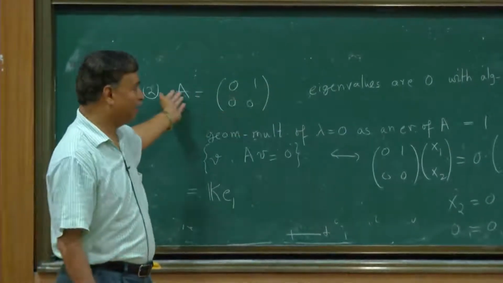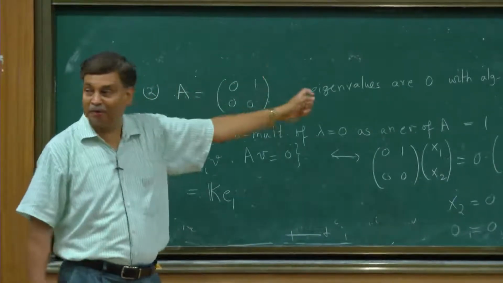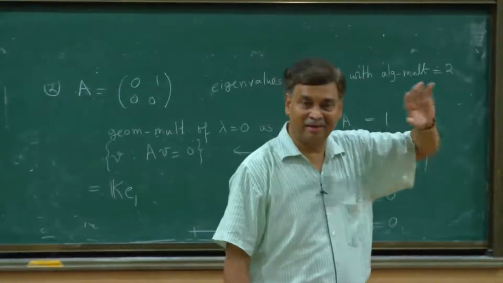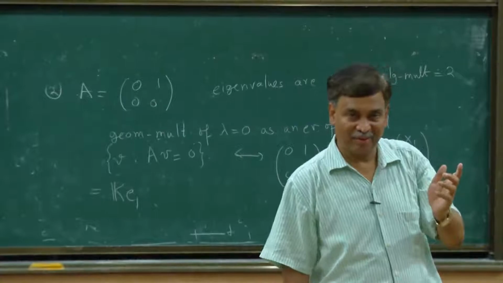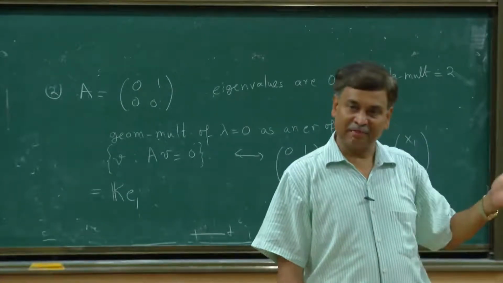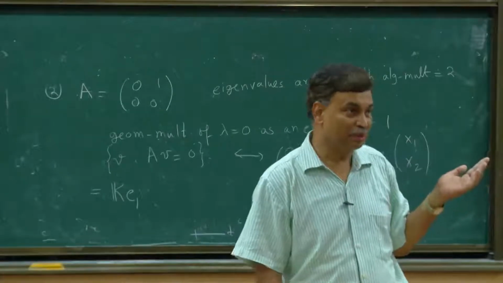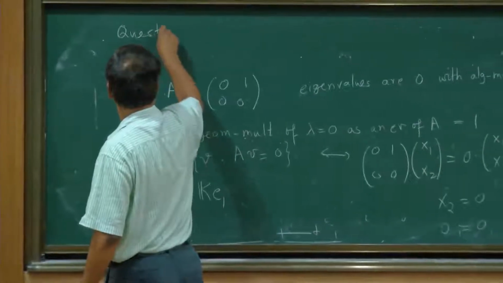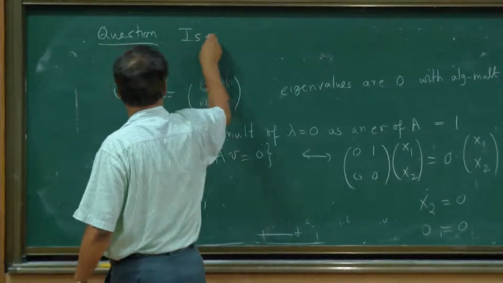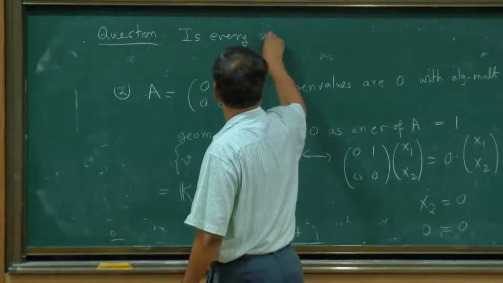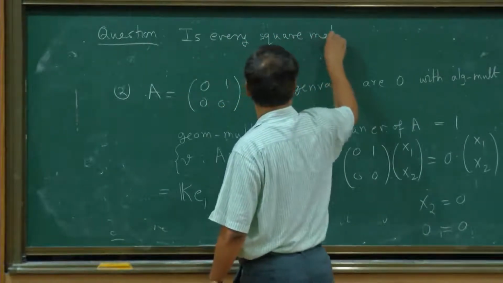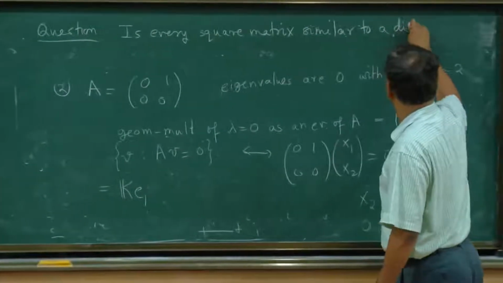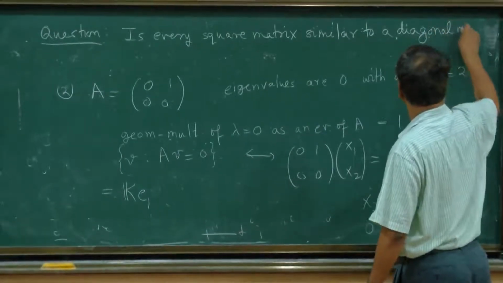But then that would mean this matrix is similar to the 0 matrix. So 0 equal to P inverse AP, which means A would have to be 0, but A is not the 0 matrix. So this is a question: is every square matrix similar to a diagonal matrix?